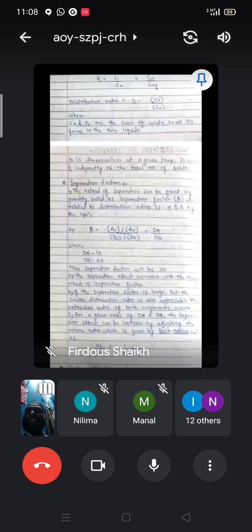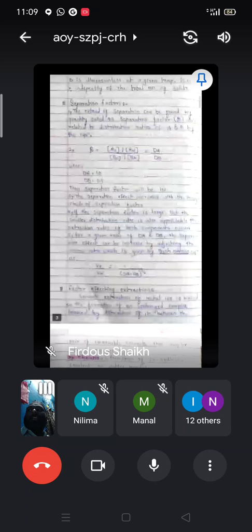The separation effect increases with the magnitude of the separation factor. If the separation factor is large but a smaller distribution ratio is also appreciable, then extraction of both components occurs.